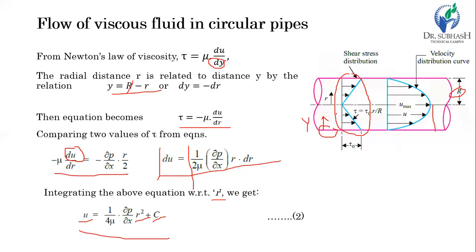So as per the figure, we can say the value of u and the value of r. The value of r will be capital R here, because we are measuring r from the center.